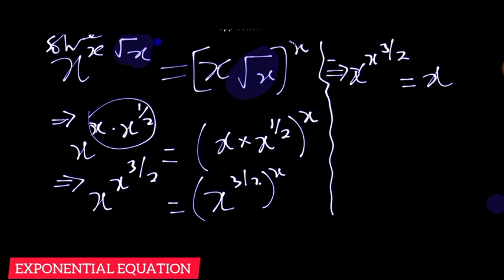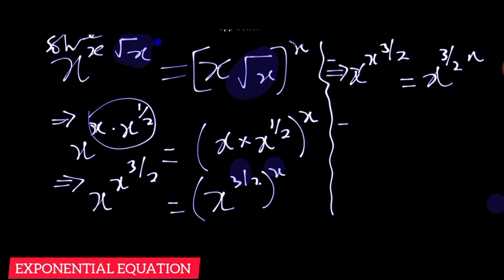You can see that 3 over 2 and x are powers, therefore this is the power of a power law. We need to multiply the 3 over 2 and x together. This is going to give us 3 over 2 times x.